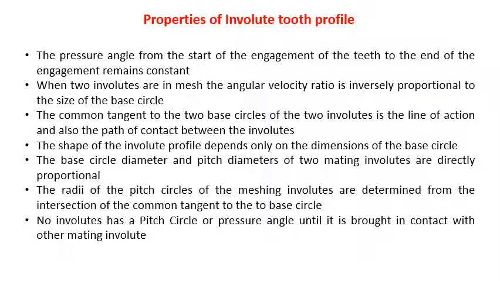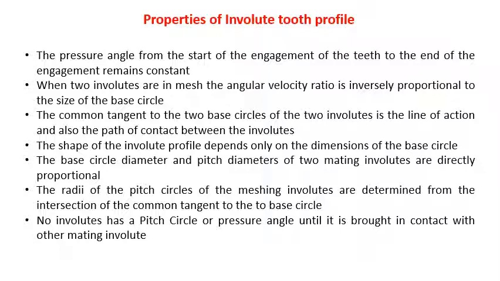When two gears are in mesh, the angular velocity ratio is inversely proportional to the size of the base circle, because the base circle defines the size of the gear. The second property is that the velocity ratio is inversely proportional to the size of the base circle.